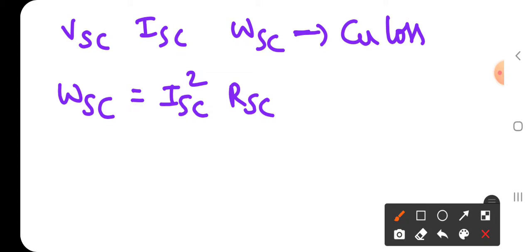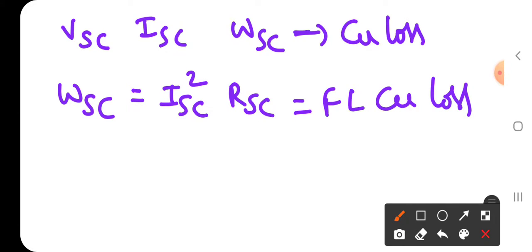This RSC is the equivalent resistance of the transformer referred to HV side. This WSC is the full load copper loss.